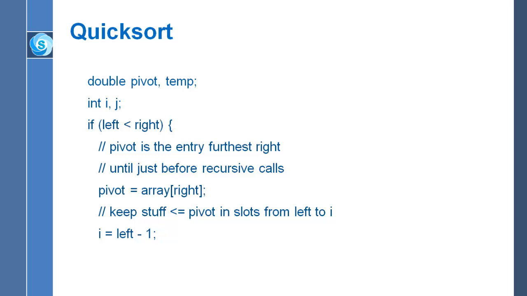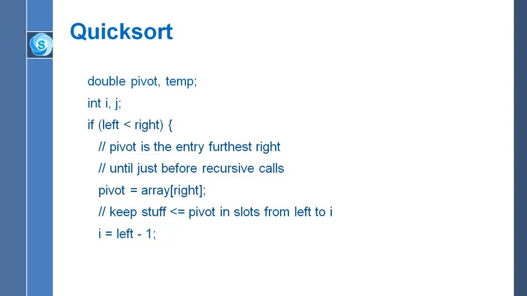Assuming that's the case, the first thing that's done here is that whatever is in position right of the array gets copied into pivot. That's exactly in line with what we were saying in the example. We take whatever is furthest to the right and put it into pivot.